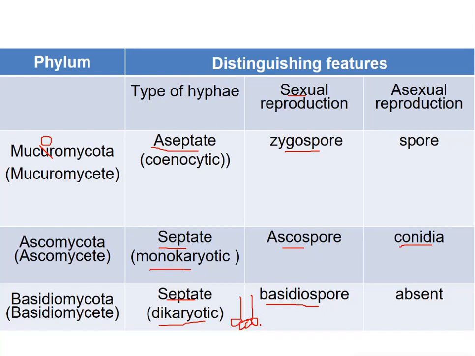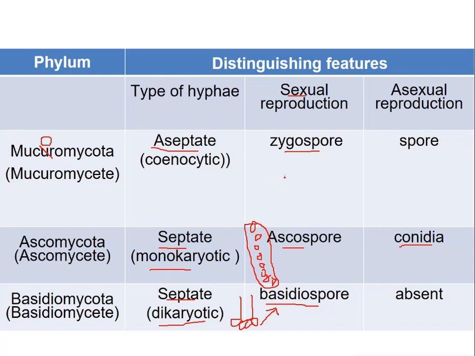All right, this is the basidiospore. And for ascospore, for Ascomycota, remember there are 8 ascospores lined up in a row. Right, the spores are found in the ascus or asci, right?